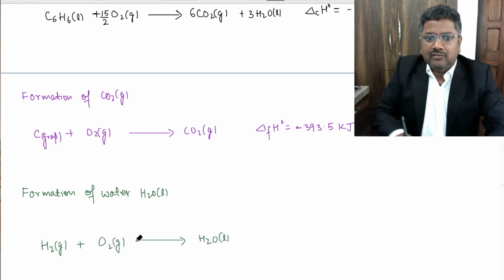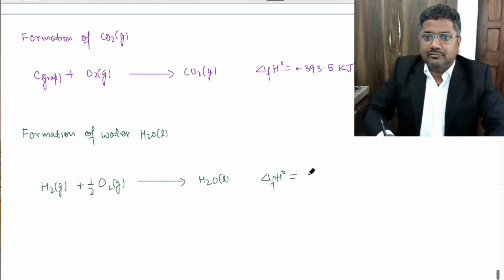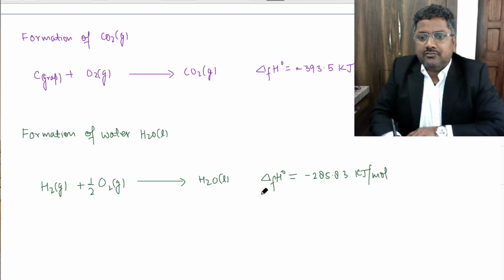Here keep 1 mole, so you have to balance like this, and this is equal to minus 285.83 kilojoules per mole. So this is the formation equation for the formation of water.